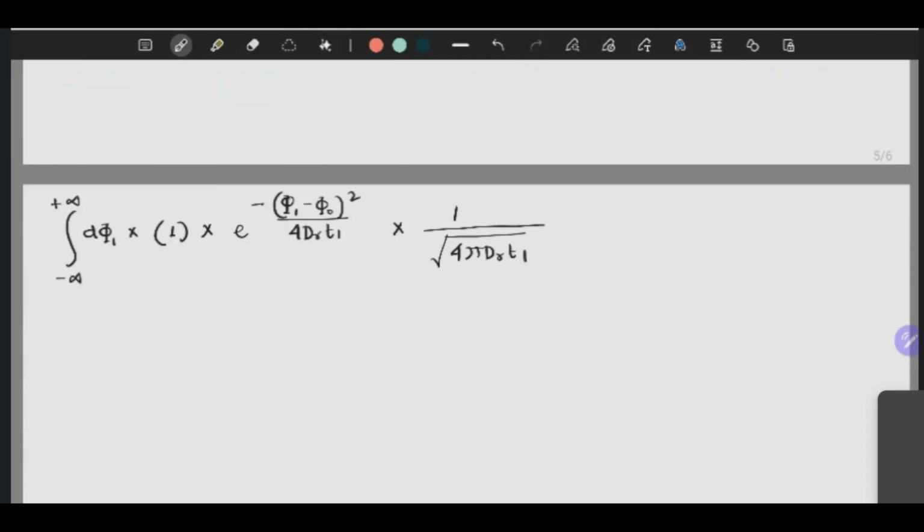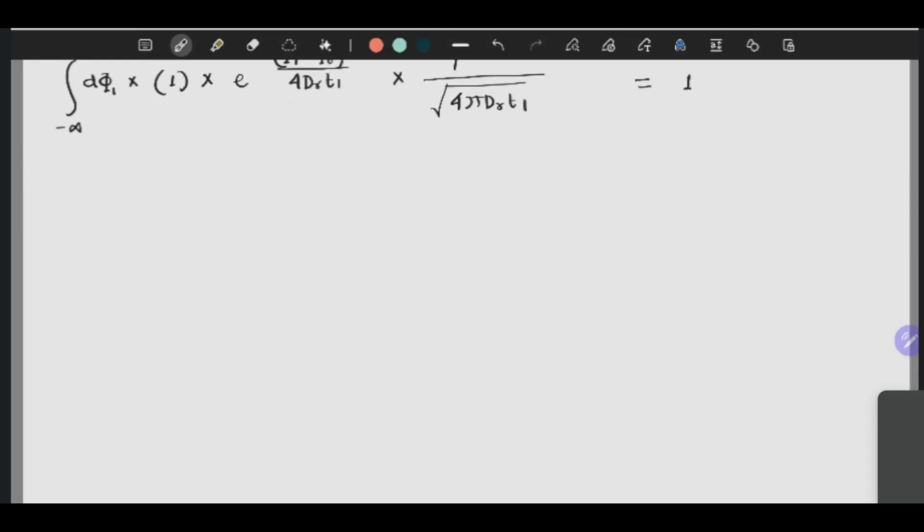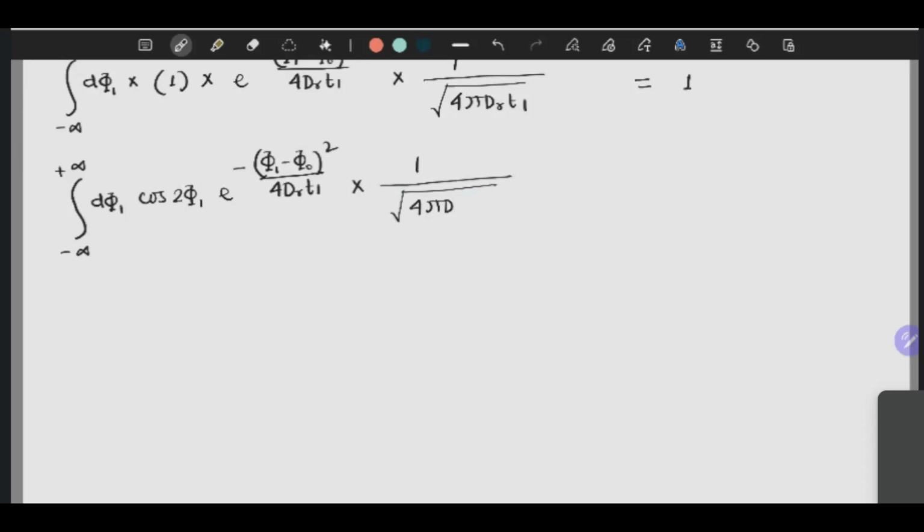So this is a standard Gaussian integral, that becomes 1. On the other hand, this thing is the integral from minus infinity to plus infinity dφ1 cos 2φ1 e to the power minus (φ1 minus φ naught) whole square by 4Dr t1. We have seen this kind of integral before.